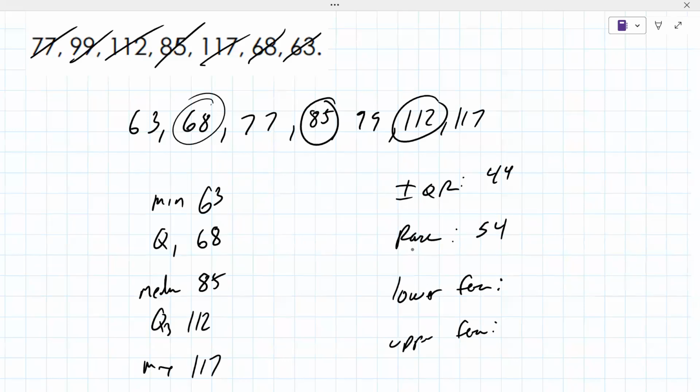Do you have the formulas for lower fence and upper fence? Yes. Okay, can you give me the lower fence and the upper fence? You can round if you want, doesn't matter to me. Mostly just concerned that you can get the formulas down.